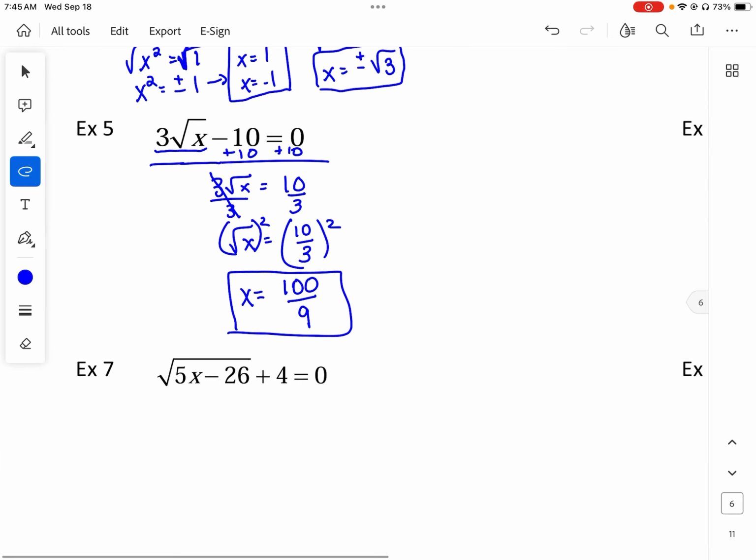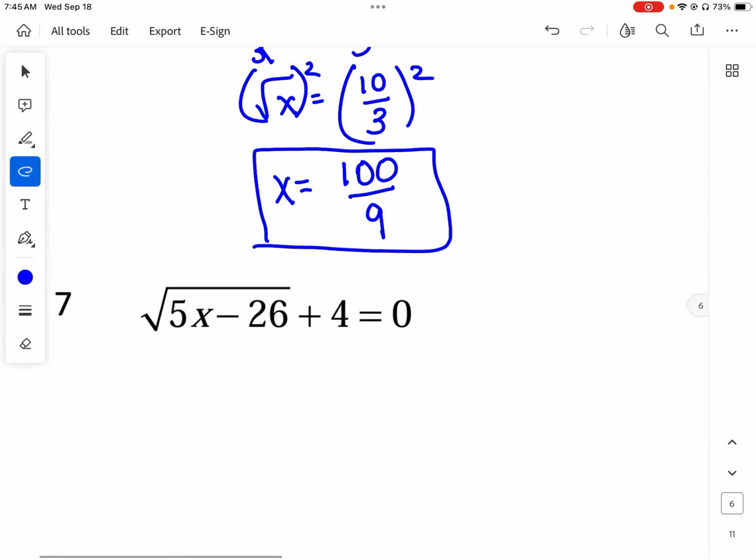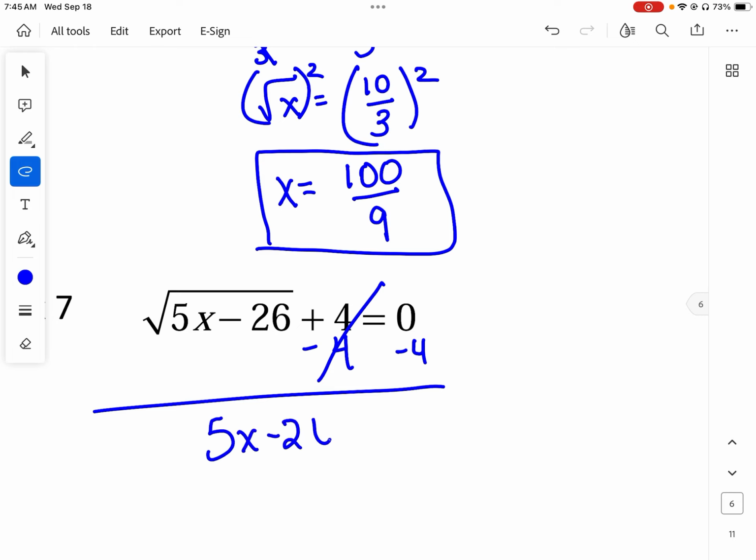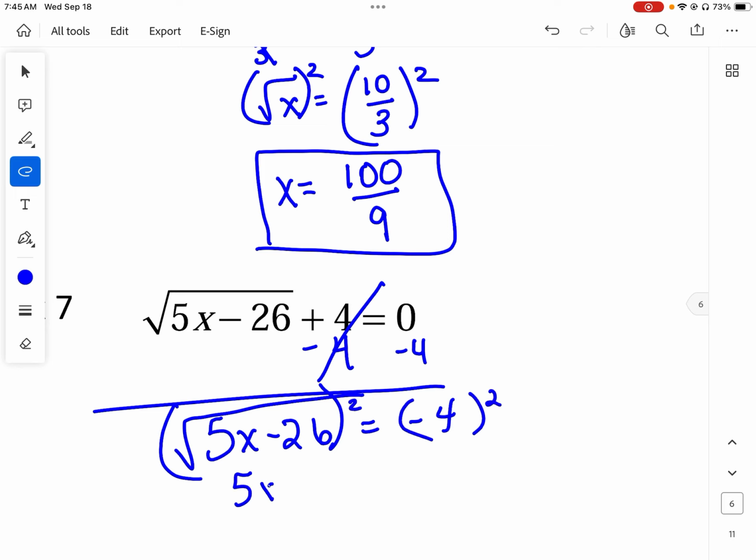Okay, let's go to the next one. We're still doing the same thing. We're going to move the number that is not a radical to the other side before we try to get rid of the radical. Okay, we have the square root, so we square both sides. 5x minus 26 equals 16, positive 16.